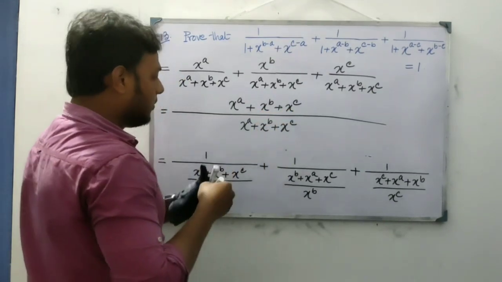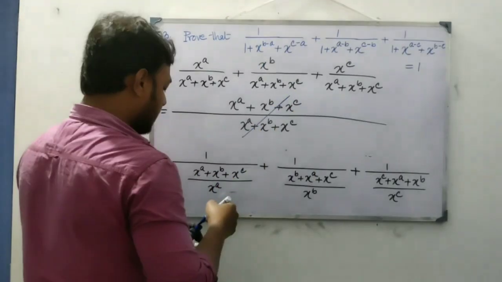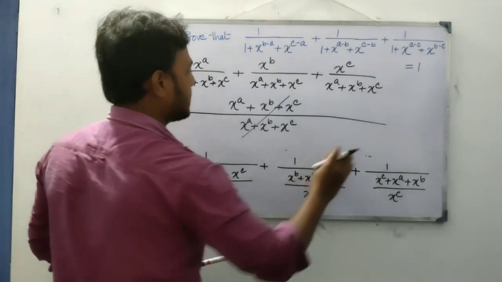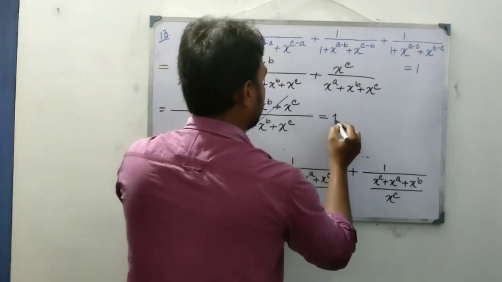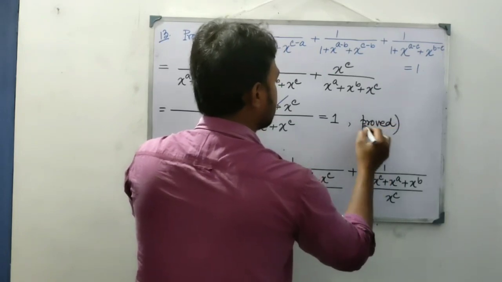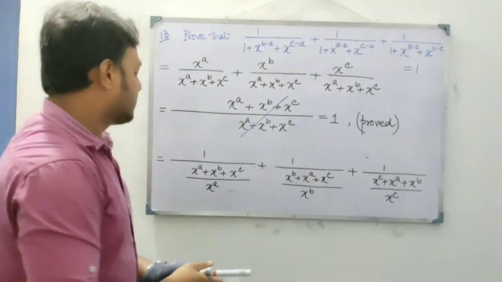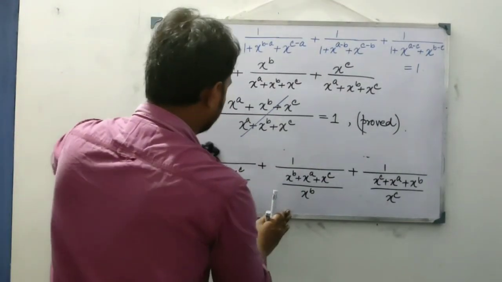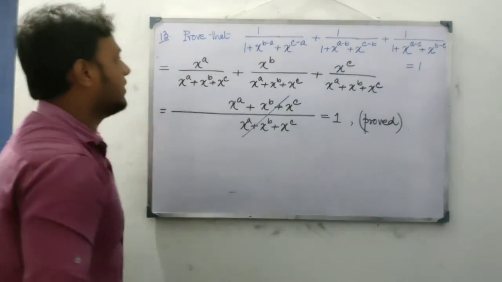So see, in the numerator and denominator they are the same thing, so it will be cancelled out and the answer will come 1. That's 1. This completes the proof. Understood? Hope you understand the solution.